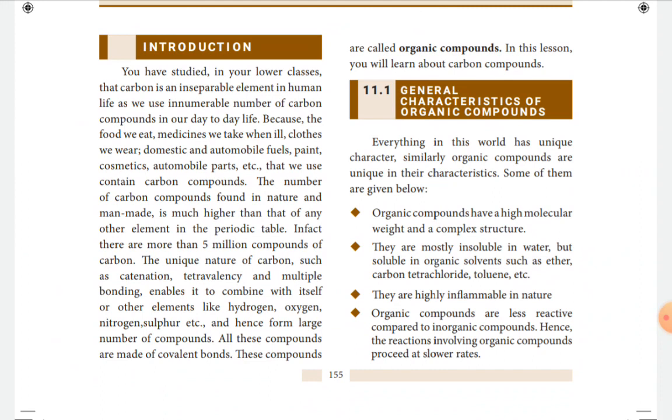Those compounds we are going to study in the next class.